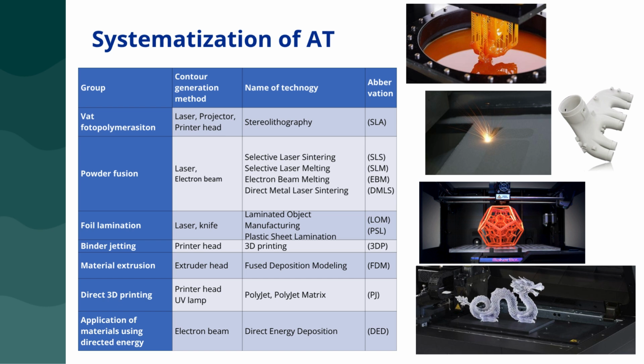The differences among these groups lie in the methods used to generate layers or contours, which can involve lasers, projectors, knives, or printer heads, among others. Each of these technologies also has specific commercial names, with familiar examples including stereolithography, selective laser sintering, and fused deposition modeling. Additionally, each technology has unique abbreviations that relate directly to its functionality.